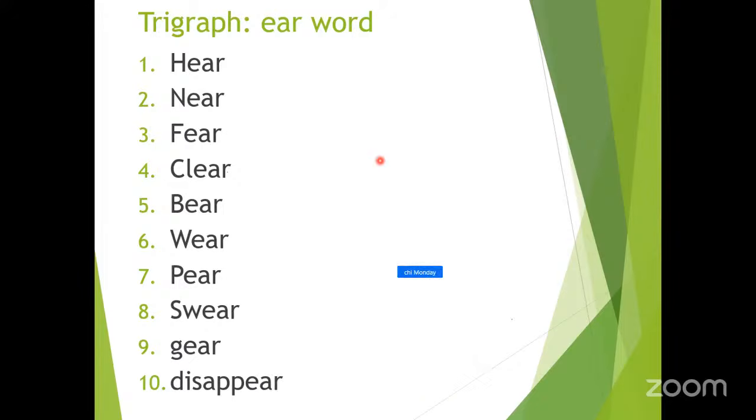Spell appear. Appear. Is this starting with P?